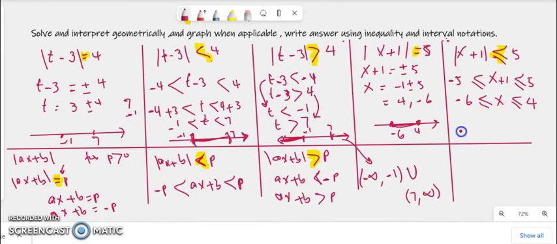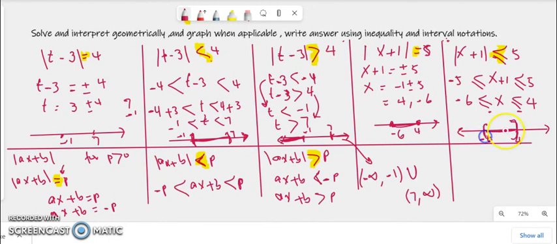Alright, so let's graph the line. So we have 4 and negative 6, and this is less than or equal, so we're going to use a bracket for this. So x is less than or equal to 4 and greater than or equal to negative 6, and that's going to be my interval here.